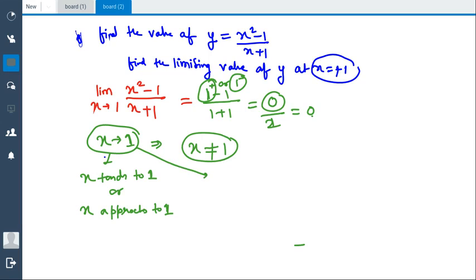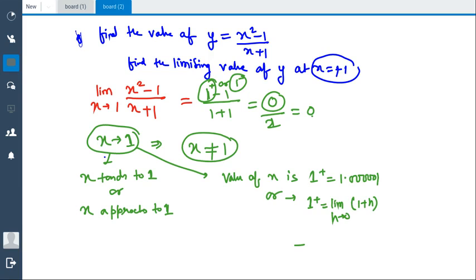So x tends to 1 means that the value of x is 1 plus, which means 1.00000001, or in other words you can say that 1 plus is limit h tends to 0, 1 plus h. Got it?